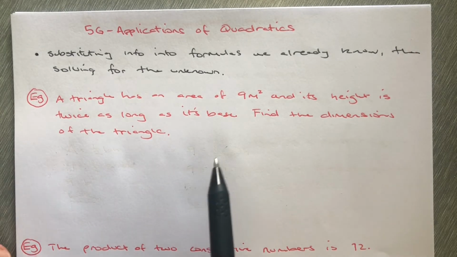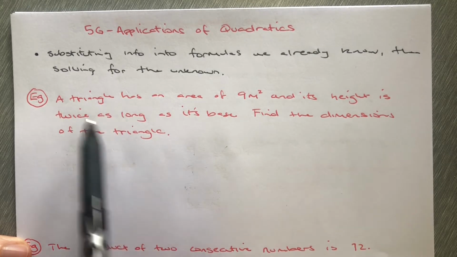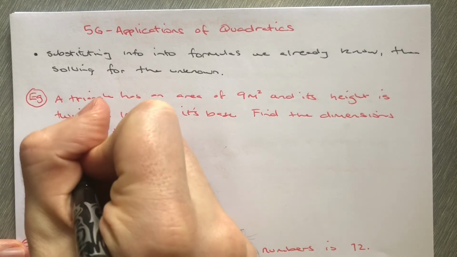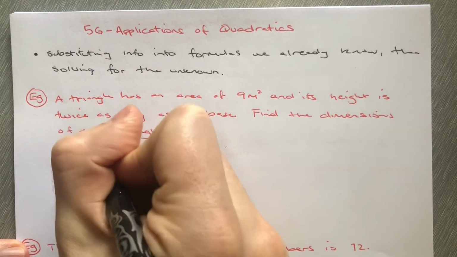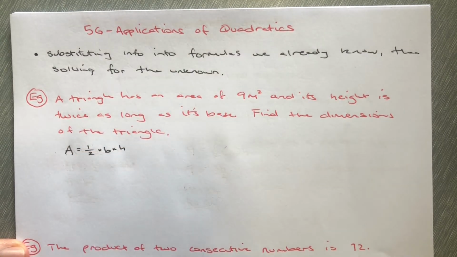A triangle has an area of 9 meters squared and its height is twice as long as its base. Find the dimensions of the triangle. Firstly, we're looking at the area, so let's write down what the area of a triangle actually is. So the area is half times base times height, whatever those lengths are.